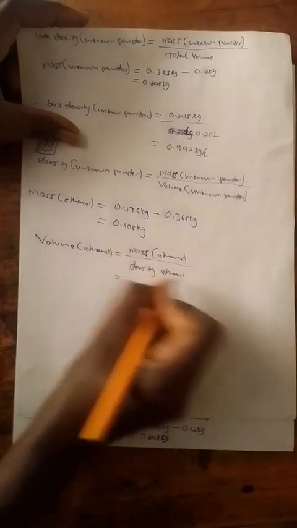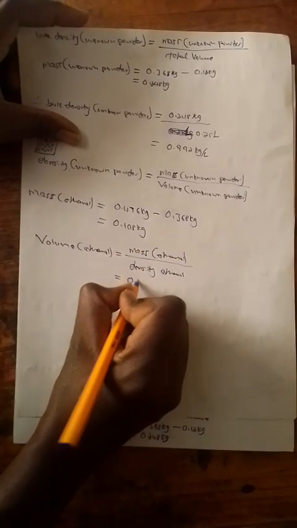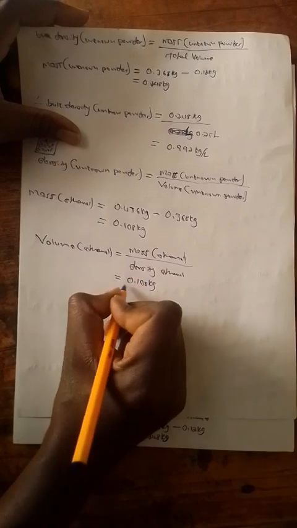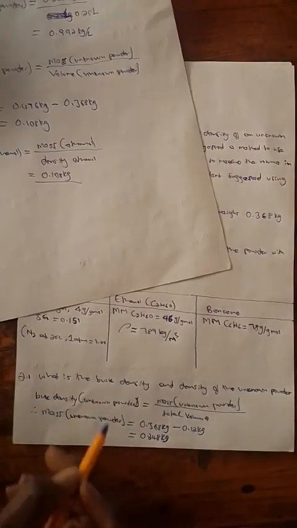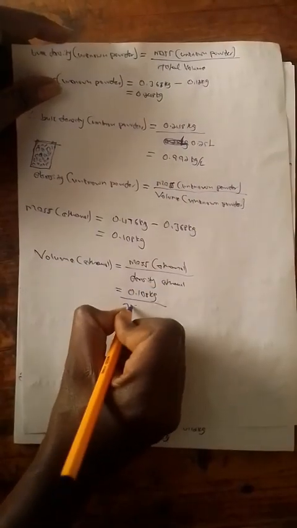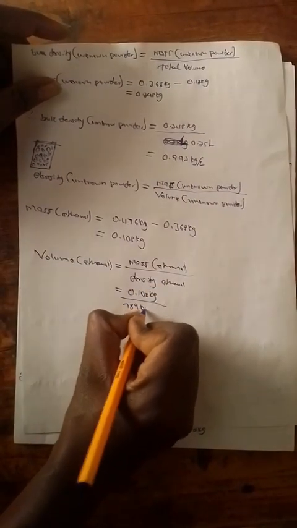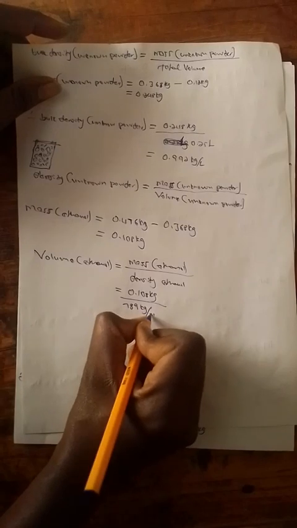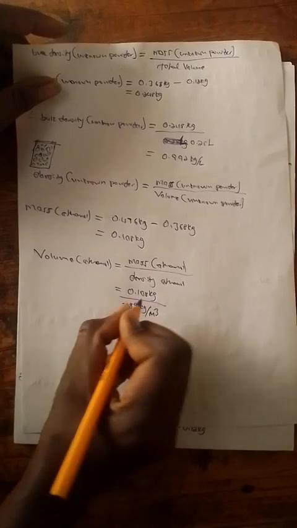And then it is equal to the mass we know is 0.108 kilograms all over the density we are told is 789 kilograms per meter cubed.